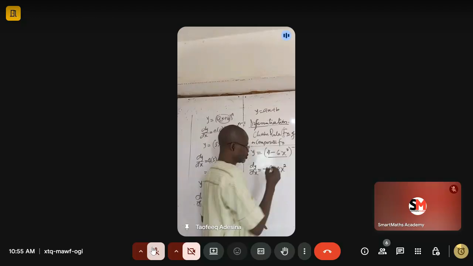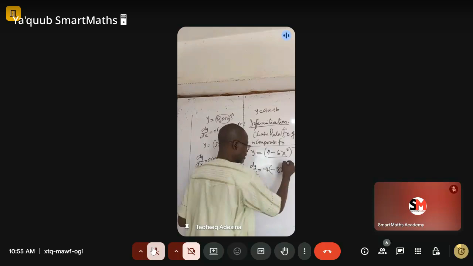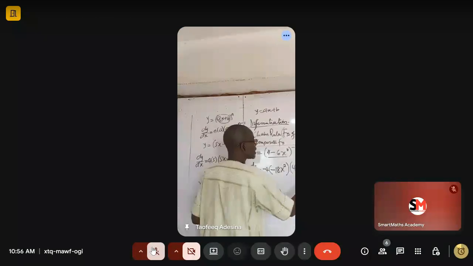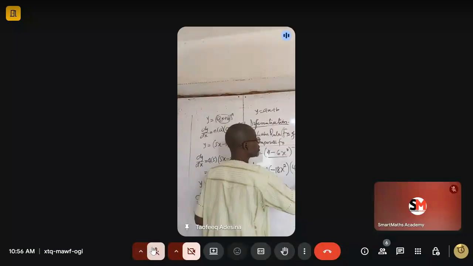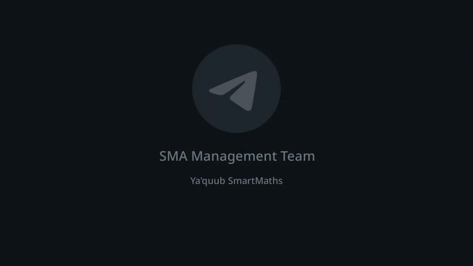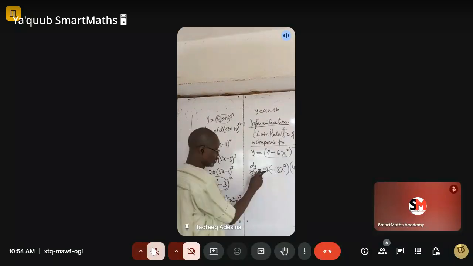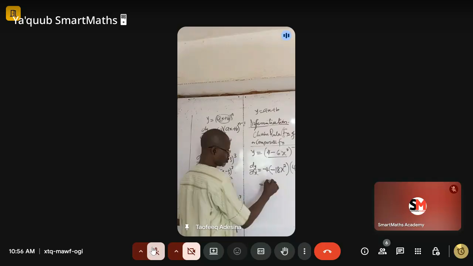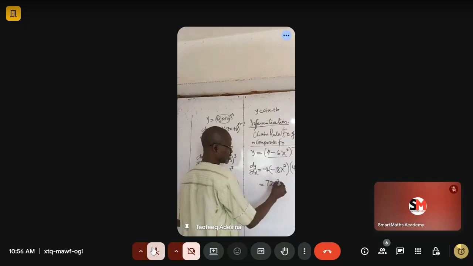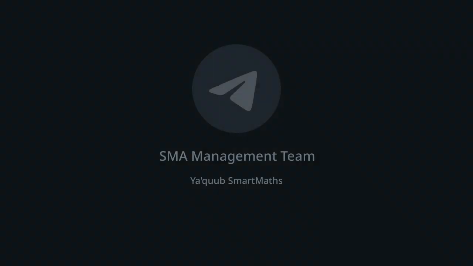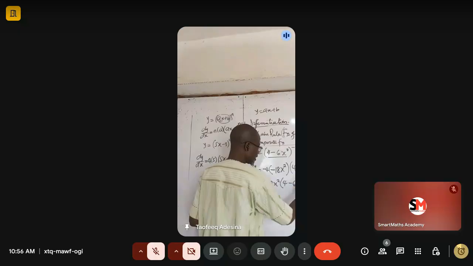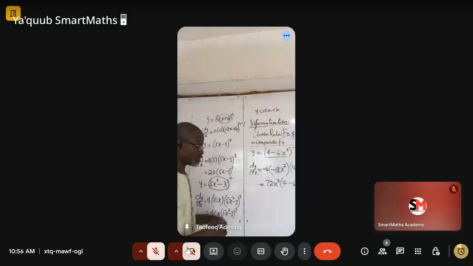Then we reduce the power by 1, which is (4 minus 6x cubed) raised to power minus 5. So negative times negative gives 72x squared into (4 minus 6x cubed) raised to power negative 5. Don't leave it in negative power.